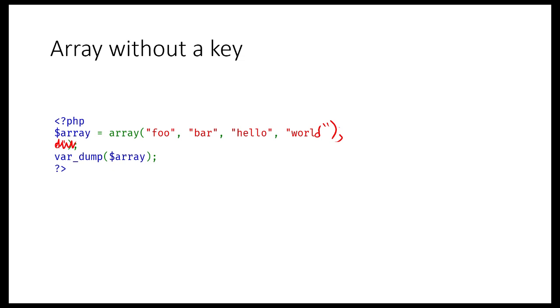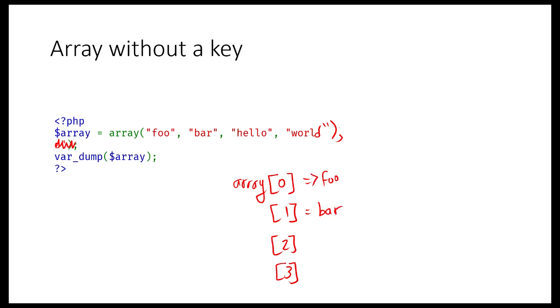So when this gets dumped, you're just going to see array 0, 1, 2, 3 equals foo, bar, hello, world.